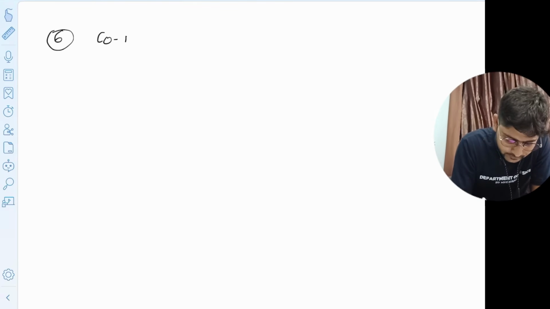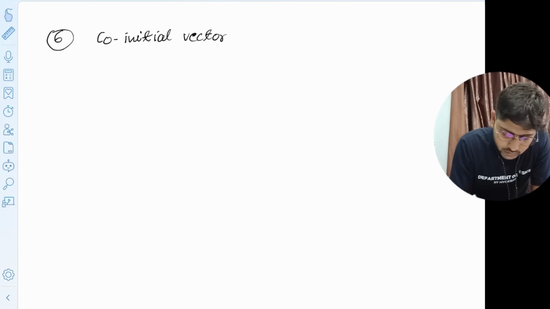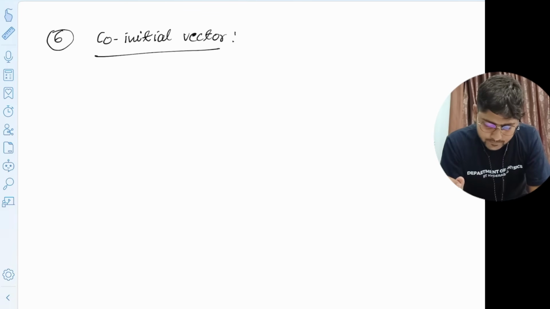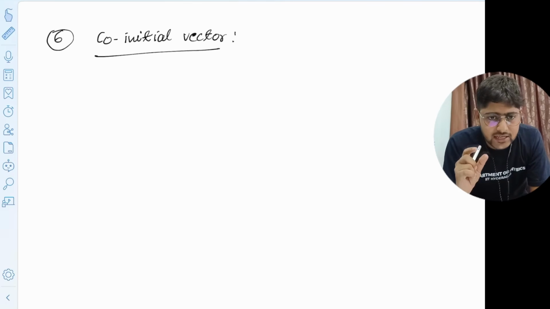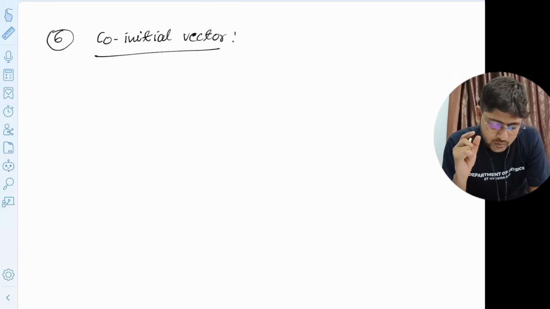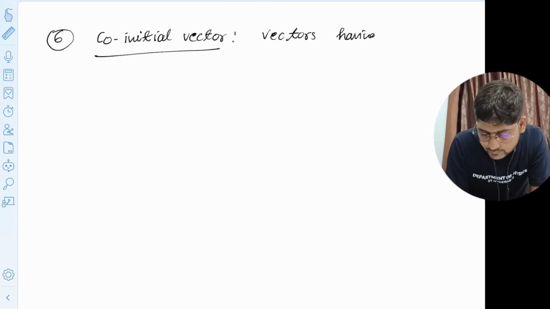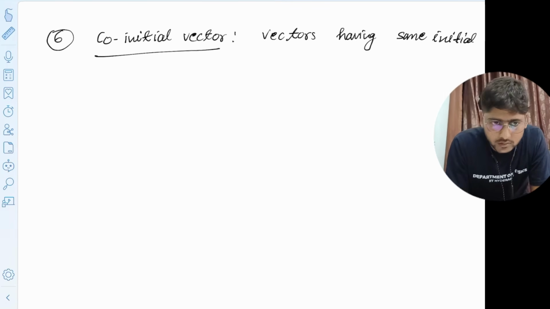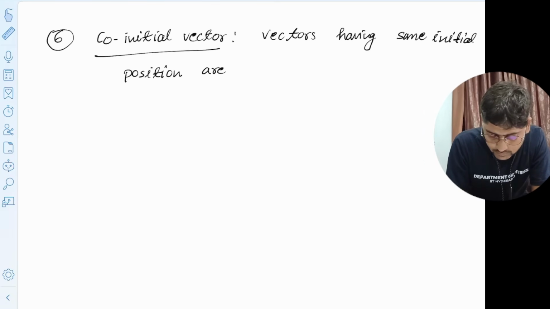Co-initial vector says if vectors have the same initial point or same initial position, then those vectors are called co-initial vectors.